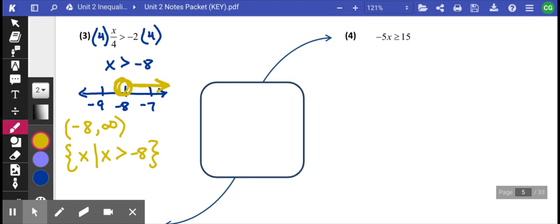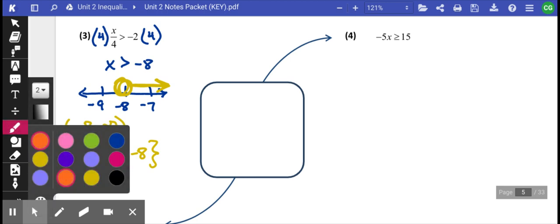All right, let's try number 4. And something tricky about number 4. So in number 4, we are dividing both sides by negative 5.